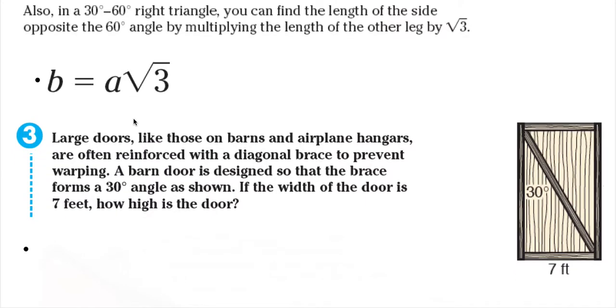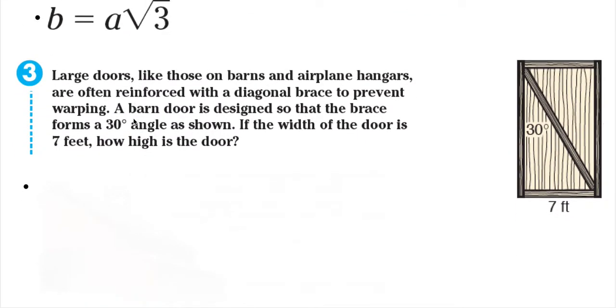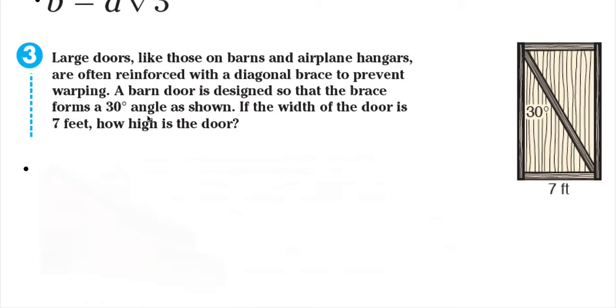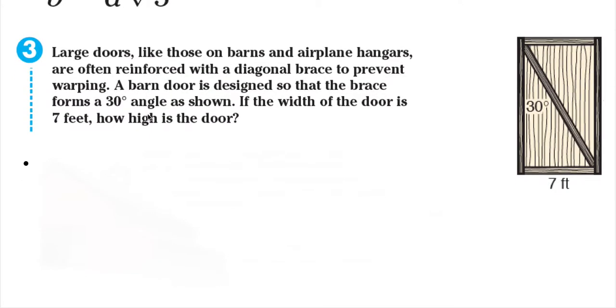So going back, let's look at this example. Large doors like those in barns and airplane hangars are often reinforced with a diagonal brace to prevent warping. Barn doors are designed so that the brace forms a 30-degree angle as shown. This is our 30-degree angle right here, so naturally this becomes our 60-degree angle.